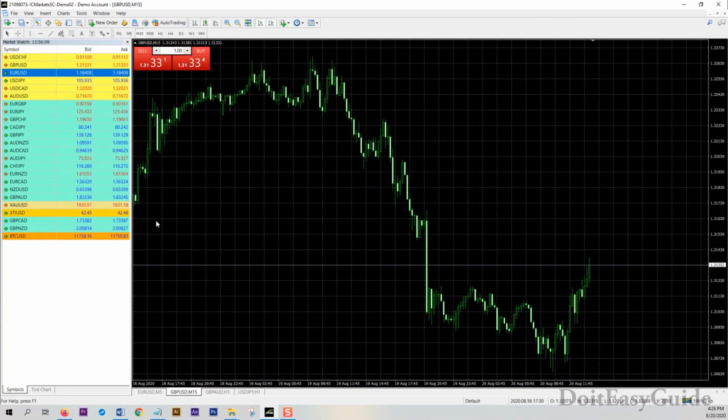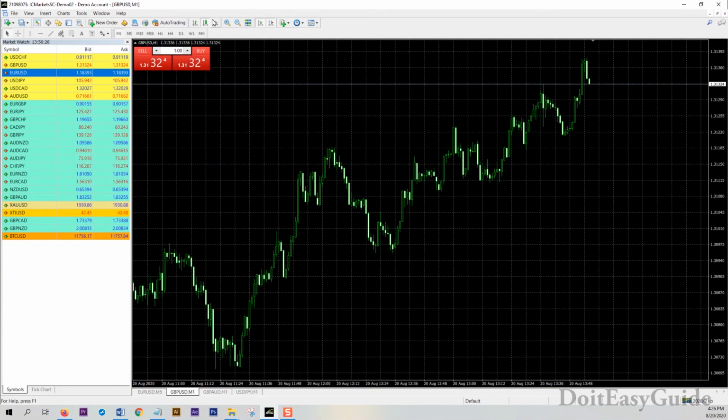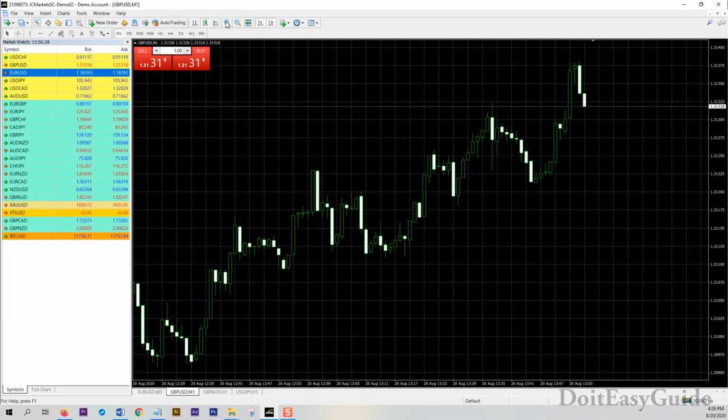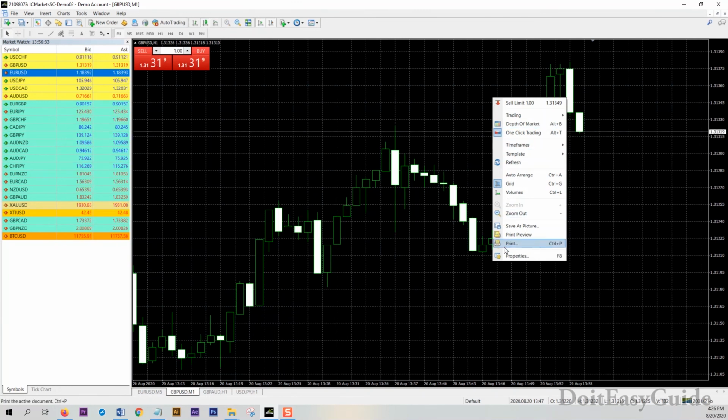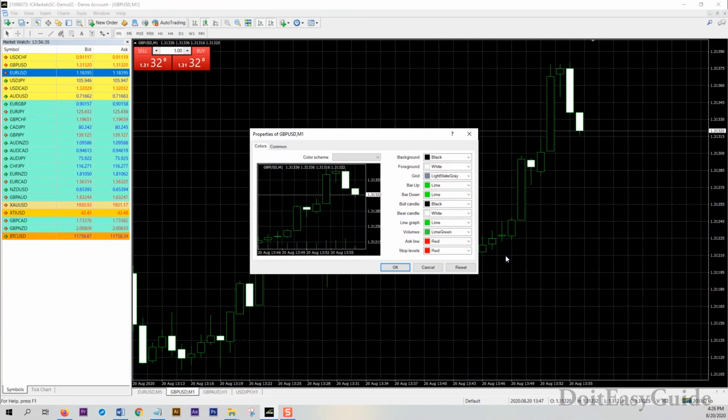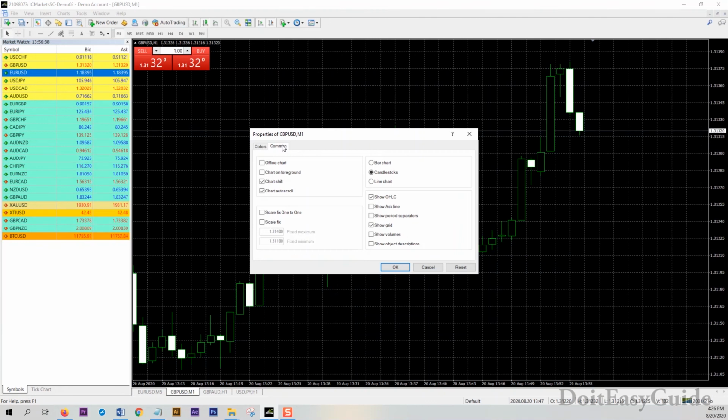Now if you look here closely, you can see there's a small difference between sell and buy price. So if I go to the 1 minute chart, and right click here, go to properties and common, put this tick mark, show ask line.